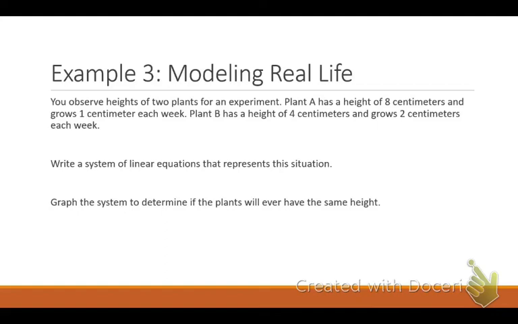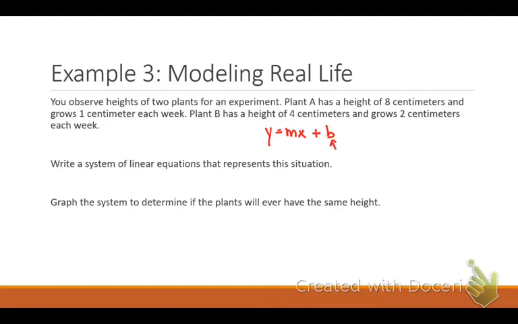All right, so we're going to use the equation y equals mx plus b. I want to remind you, b is your starting value. It is not a rate. It's not something that's continuously changing. So for plant A, what would be your b value or your starting value? 8.